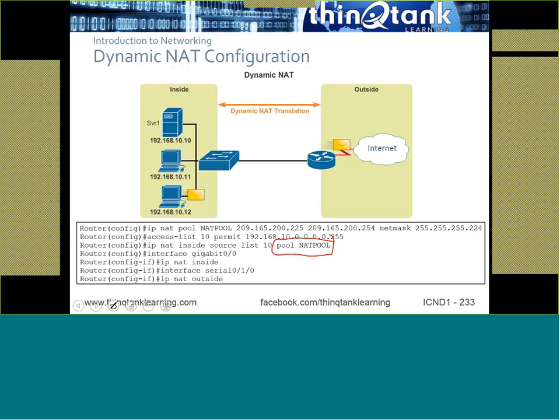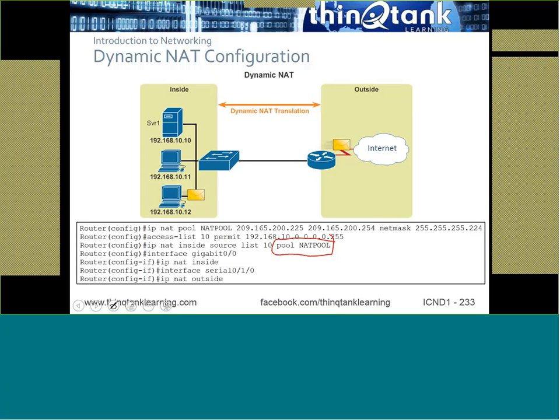So for me, whenever I'm naming something, if I'm naming an access list, or if I'm naming a NAT pool, or if I'm naming a DHCP scope, I always put those names in uppercase. Because then I can easily identify in the configuration whether it's something that is named or whether it's a command. See, if this NAT pool was in lowercase, you might think that that's syntax rather than a name. All right? Just a little hint. Kind of makes your life a little bit easier when you're dealing with configurations.